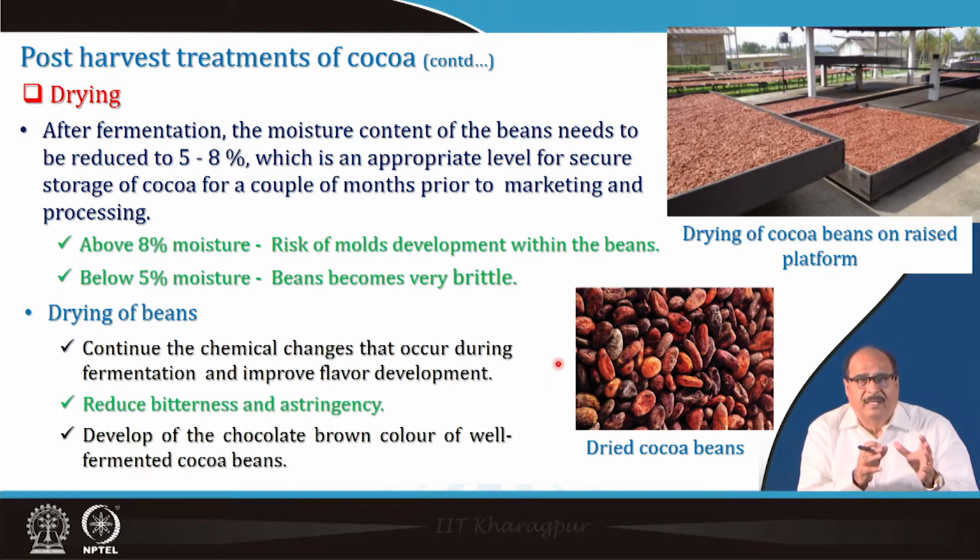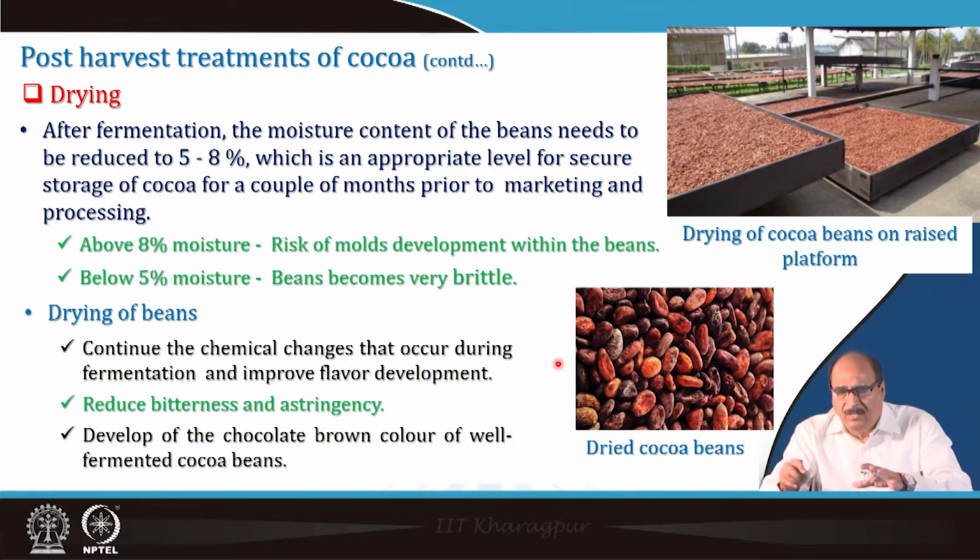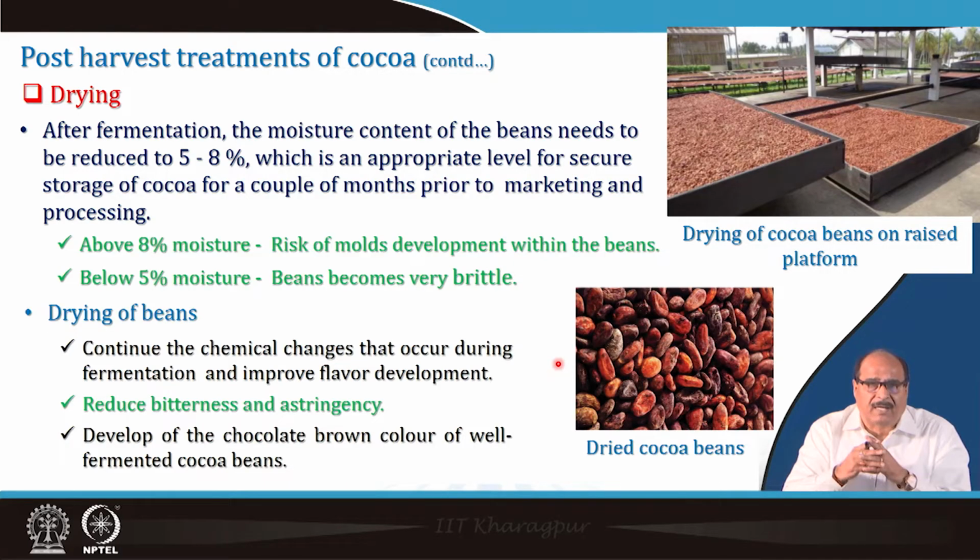And here it is done either by shade drying or in an open environment, solar drying. The beans are spread on some sort of raised platform, as you can see here in the figure, and the moisture content of the bean is reduced to a level of 5 to 8%, because this is considered the appropriate level for the secure storage of cocoa for a couple of months prior to marketing and processing.